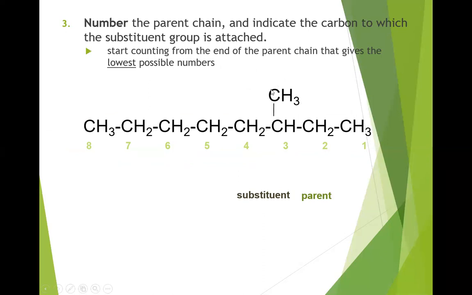And that is exactly what we've been talking about. Now, how are you going to name this, knowing fully well that the parent chain is octane and the branch here is methyl? On what position is this branch found? Exactly, it's on carbon number 3.